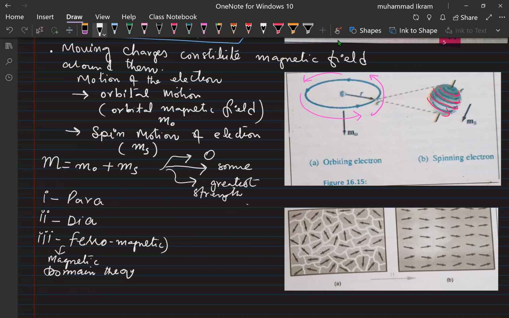The paramagnetic substances are those substances which act like a weak magnet in the presence of a strong magnetic field. So they respond weakly even to a stronger magnetic field. Examples include aluminium and antimony.